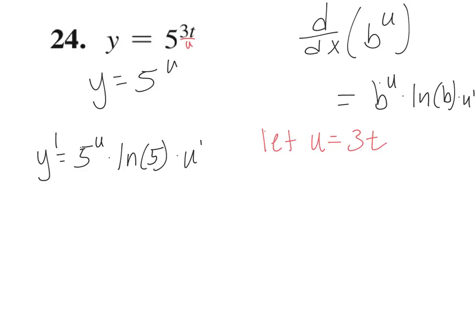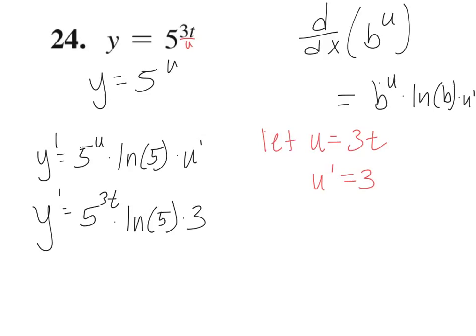Well, u prime is just 3. And so if I plug everything back in, I get y prime is equal to 5 to the 3t power times the natural log of 5, all times 3. And that's my derivative.